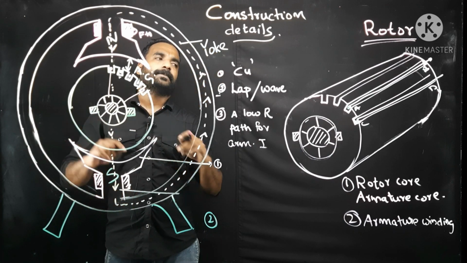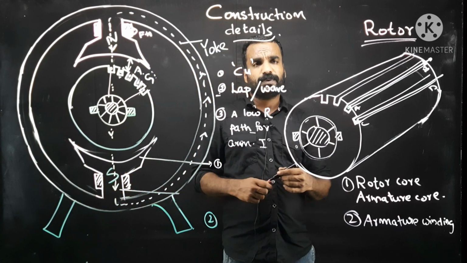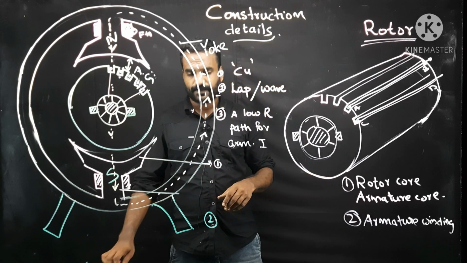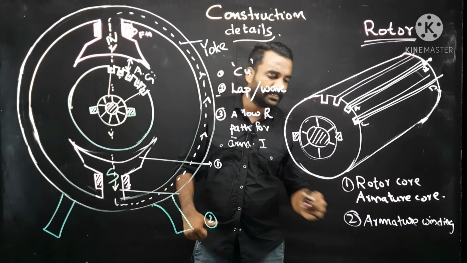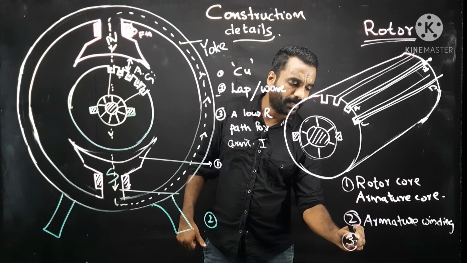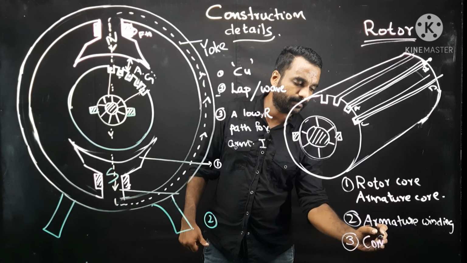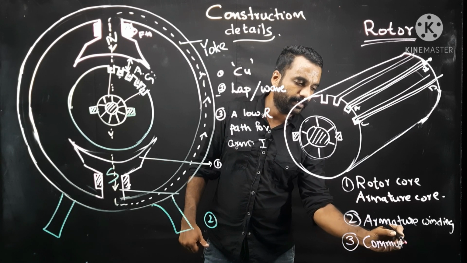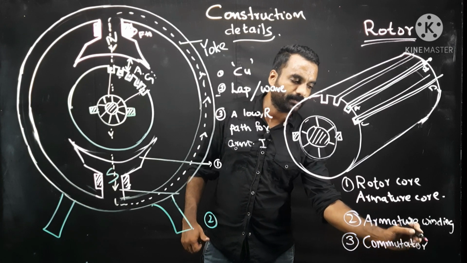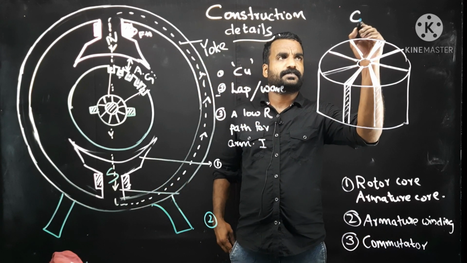Then this commutator segment will convert that AC current into DC. We know these things. Now the third part is commutator.